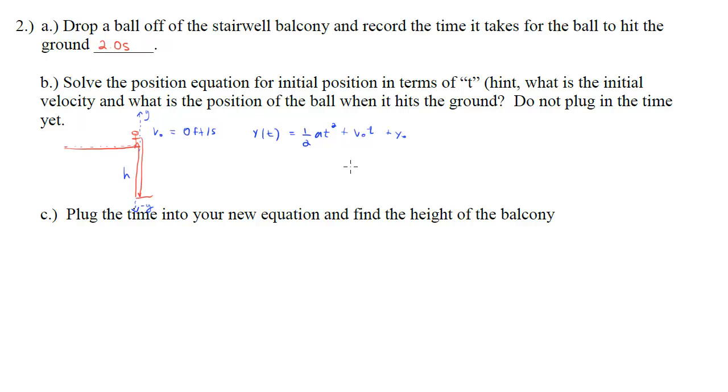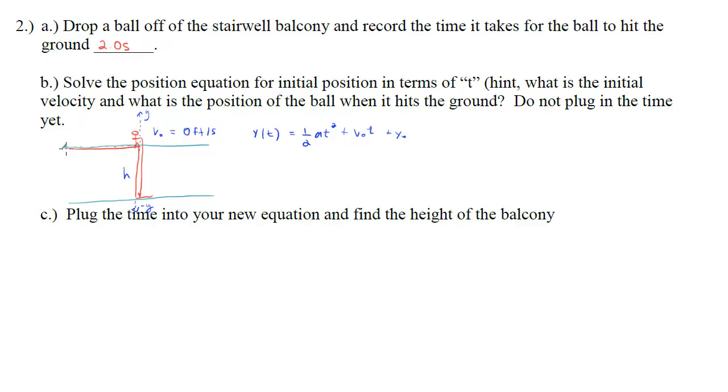Well, y initial, see, again, it depends on how we orient ourselves. You could call this the 0, or you could call this the 0. I'll actually show you that you can do it validly both ways.